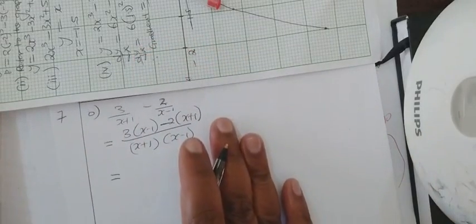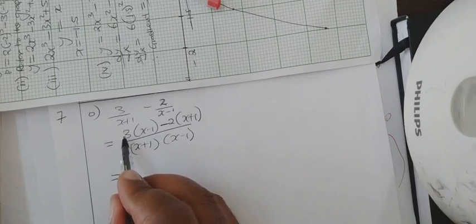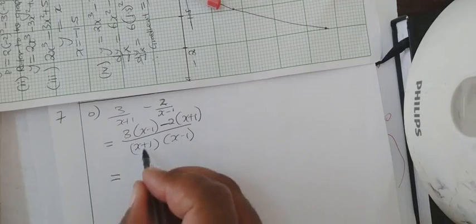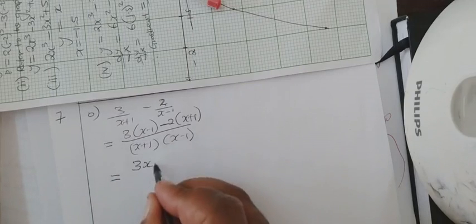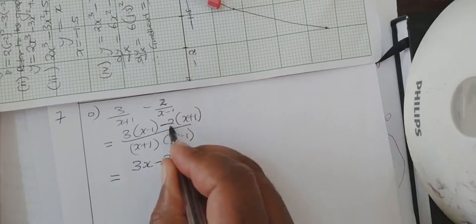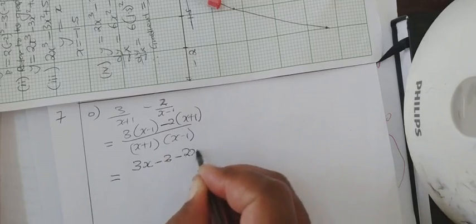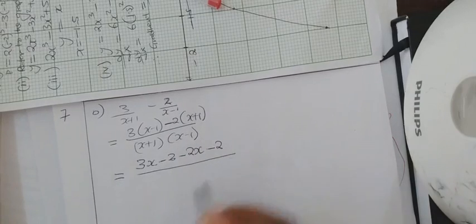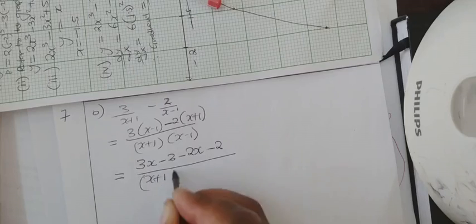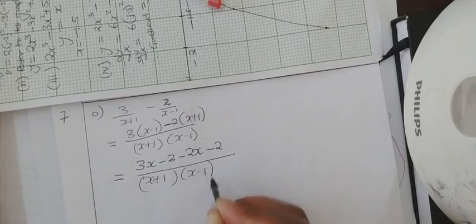This is equal to 3 by x, 3x. 3 by negative 1, negative 3. Negative 2 by x, negative 2x. Negative 2 by 1, negative 2. You divide this by x plus 1, x minus 1.